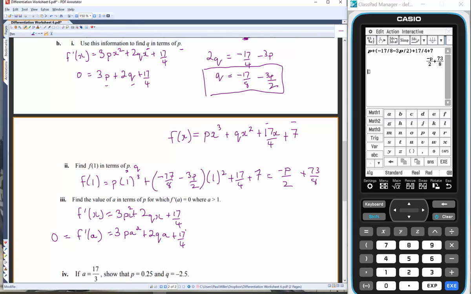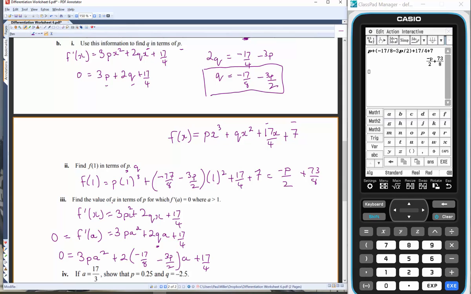Okay, so I already know what q is. So I'm going to do 0 equals 3pa squared plus 2 lots of whatever q was, which is negative 17 on 8, take away 3p on 2, 2 times that, a plus 17 on 4.